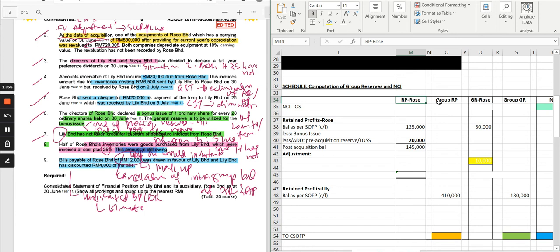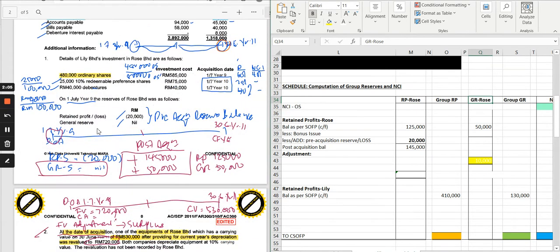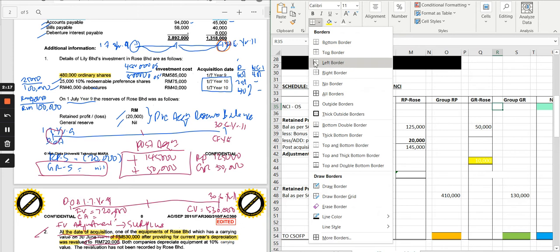The second column is for the group retained profit. The third column is for the general reserve. The reserve columns you create will depend on what reserves you are given. If you are given retained profit, there will be a retained profit column. If you are given general reserve, there will be a general reserve column. Okay, that is what you need to do.